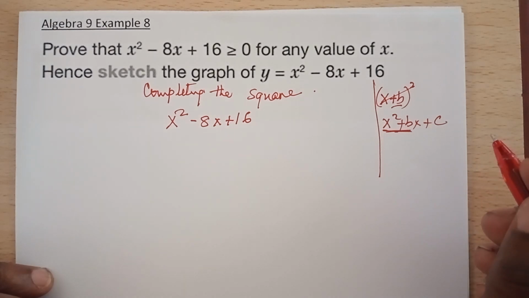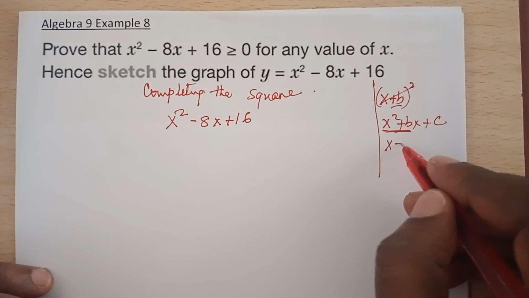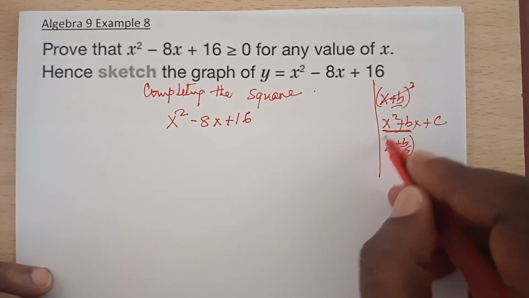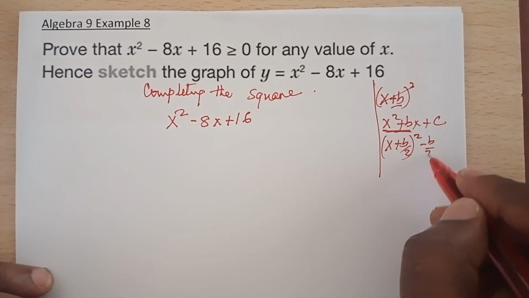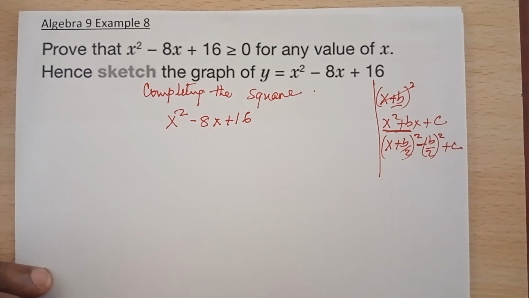This part is the one which is responsible for the completing of the square. So we have x plus b over 2 squared, minus b over 2 squared, plus c. We have now completed the square.